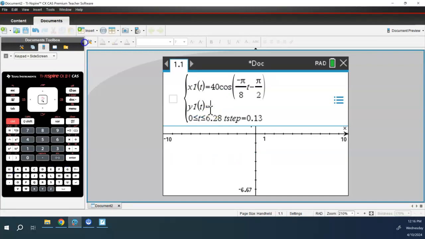Then, how long it takes to go all the way around? Because the period is equal to 2 pi over b. So b is equal to 2 pi divided by the period. The period is 16, how long it takes to get all the way around back to one spot.